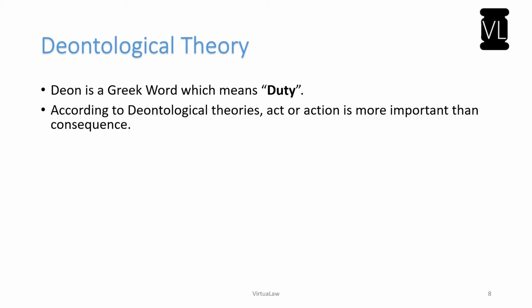And hence, for a good consequence, if your act is not with respect to the duty you are supposed to do, then such kind of an act is not ethical, even if your consequence is good, right? For example, let us say Mr. A is a government employee, and he came across an advertisement in a TV or a newspaper about a small child who is getting operated, and he got to know that she requires 10 lakhs in cash for the sake of operation.